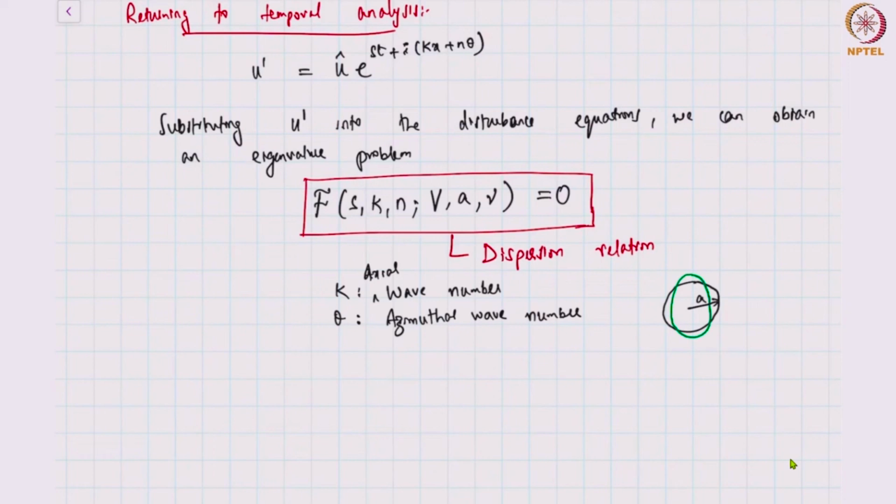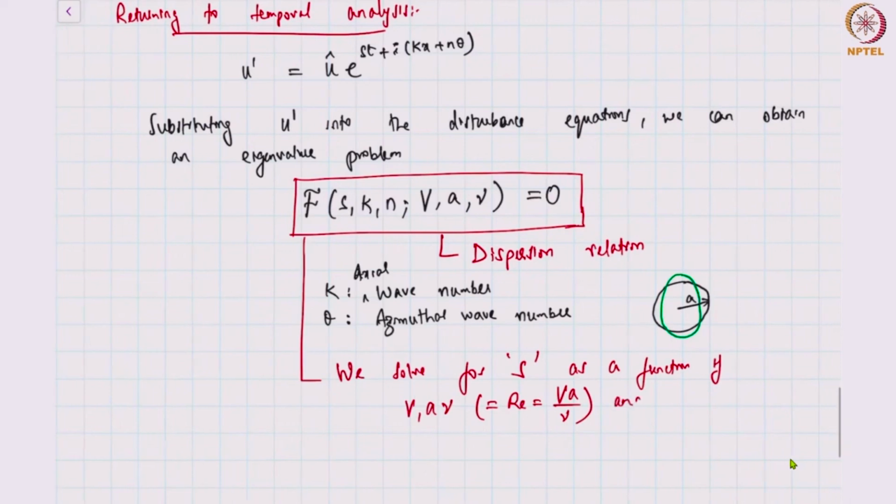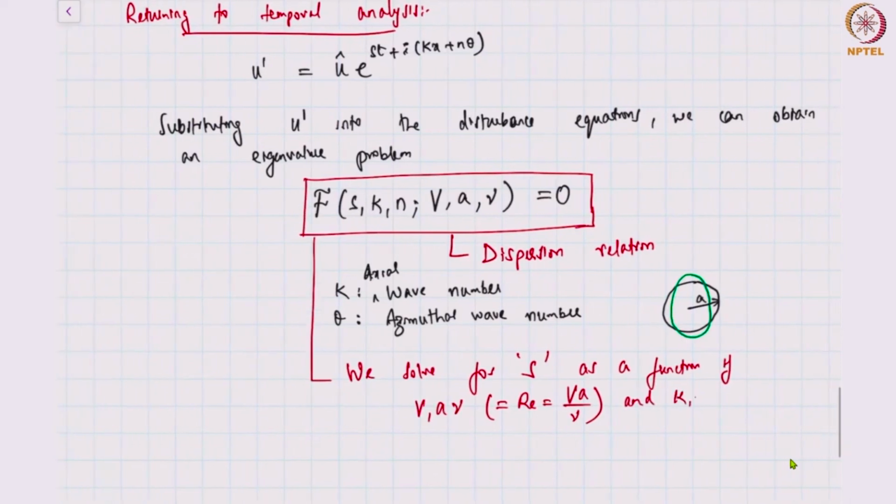The goal of this dispersion relation is that we solve for S, the complex frequency, as a function of V, A, nu, or sometimes you can even say the Reynolds number, which is V times A by nu, and as a function of k and n.